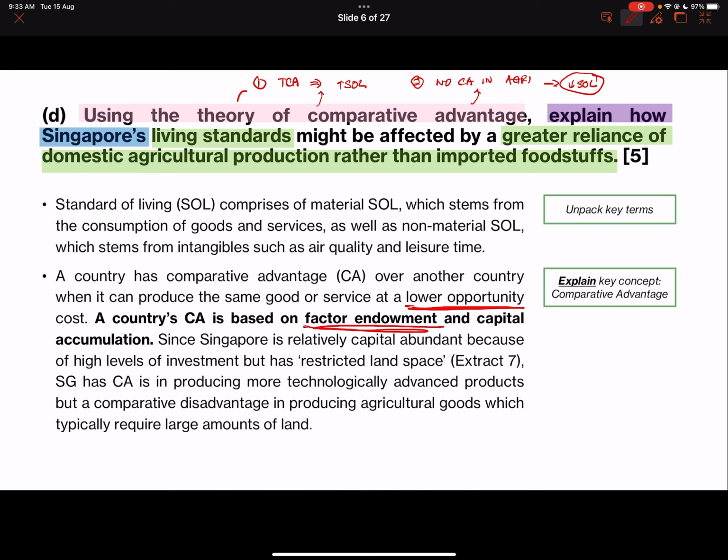Singapore's factor endowment is this, that we have restricted land space, we have relative capital abundance. So this means that we should produce more technologically advanced products instead of agricultural products. So you can see I'm explaining 1 here, right? I'm telling you, here's what the CA says, here's Singapore's factor endowment, here I should not specialize in this.